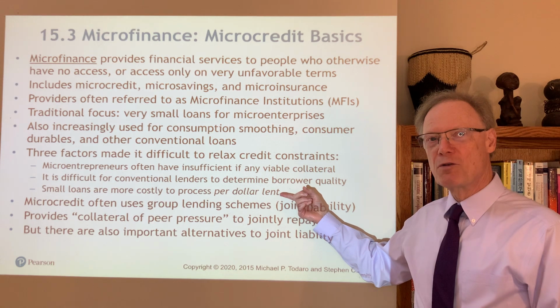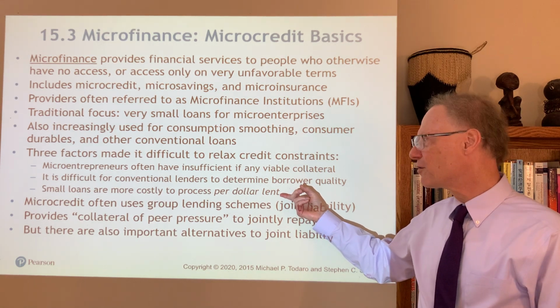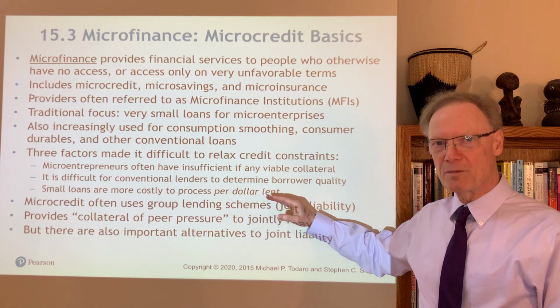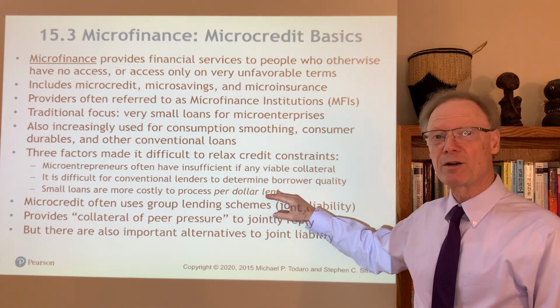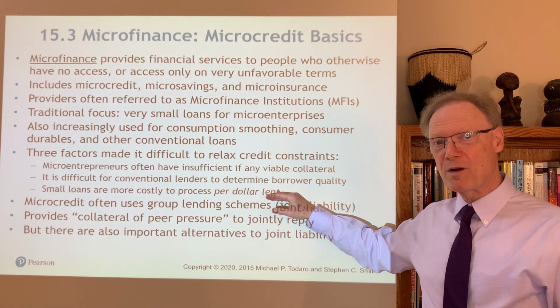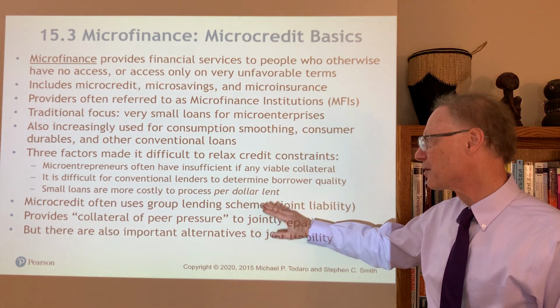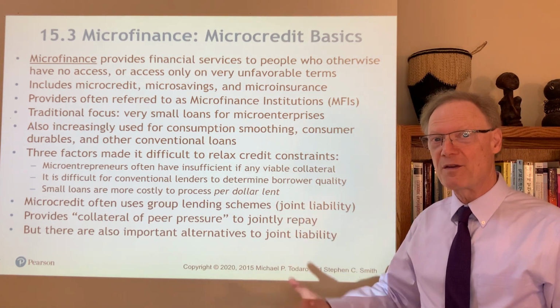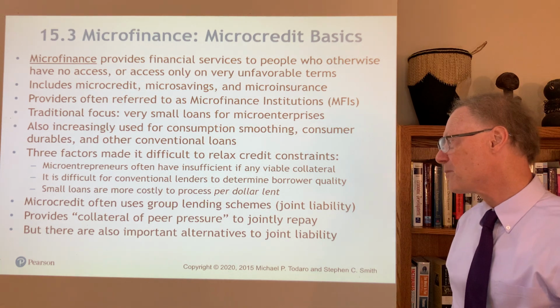Moreover, the group that you sign your loans with are much more likely to know each other, know each other's character and intelligence, business acumen, but more precisely, specific opportunities. And so this is more readily observable to people in the village than it is to an outside bank.